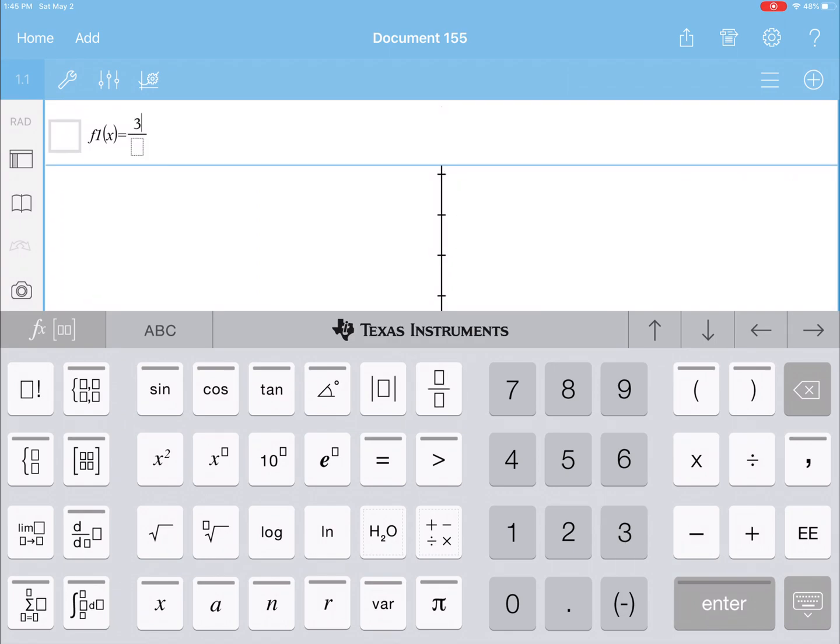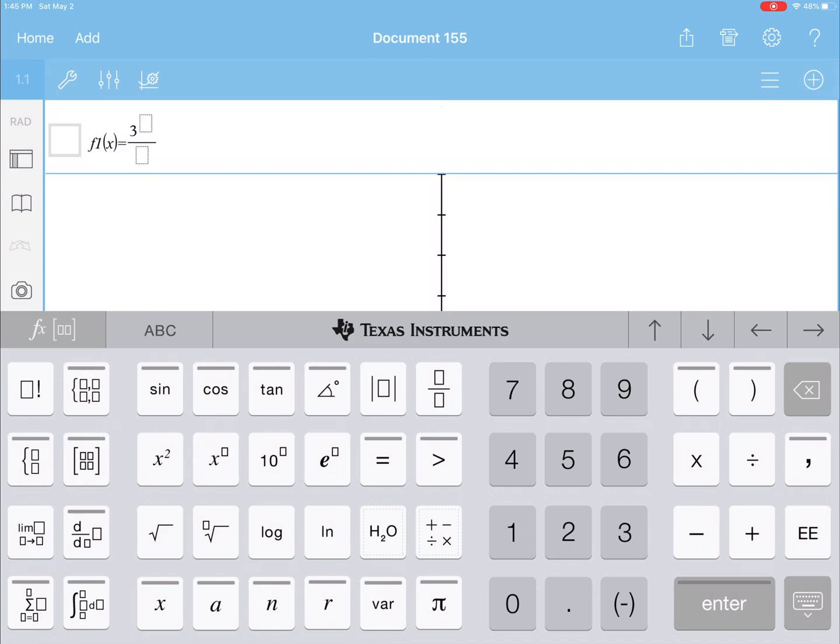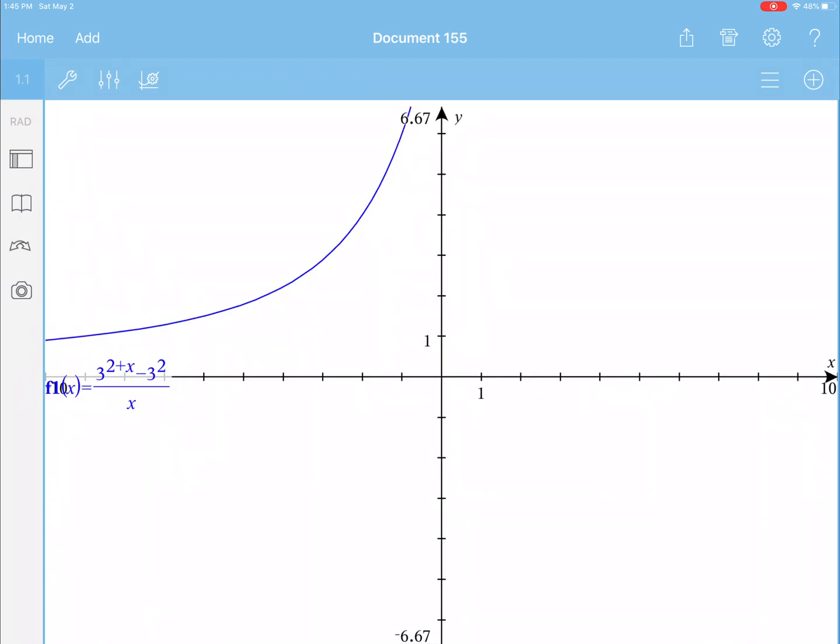So we're going to have 3 to the 2 plus h. Instead of h's, our calculator is working in terms of x's, so we're going to have to make our h's x's. So it's 3 to the 2 plus x minus 3 squared, all over x. So here's our graph. And our goal is to find the limit as h approaches 0.